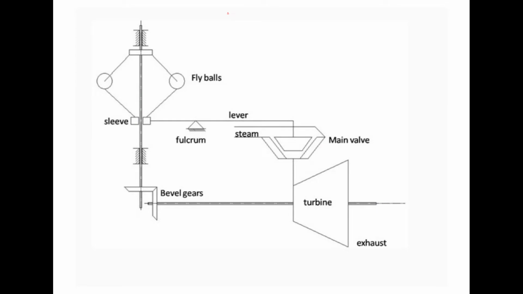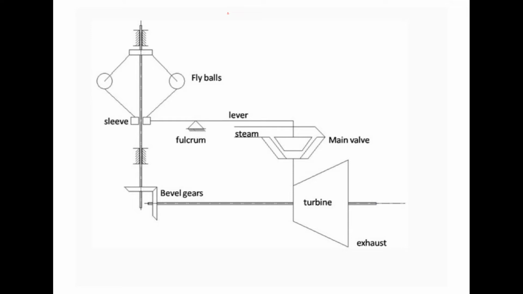This is a type of governing system which is used in the steam turbine control unit. The fly ball rotates with the shaft, and the fly ball moves outward when the turbine rotates exceeding its speed. The turbine exceeding speed is related to high pressure steam generation.